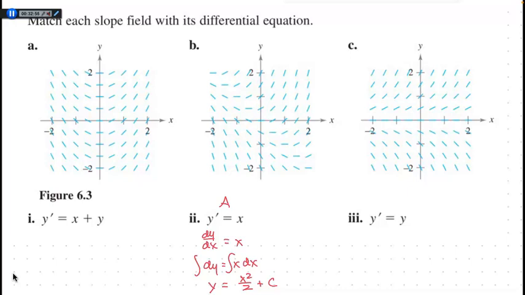All of these slopes on the x-axis, where y is 0, have a slope of 0. All these slopes below the x-axis are negative, where the y-coordinate is negative. So this is C. Process of elimination, then, we know that equation 1 is B.